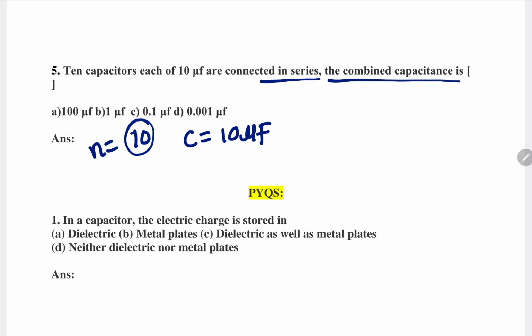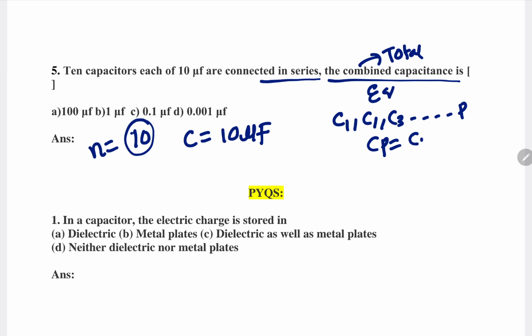Capacitors are connected in series, and we need to find the combined, total or equivalent capacitance. If C1, C2, C3 are connected in parallel, then total capacitance is C1 plus C2 plus C3. Resistors connected in parallel, we say 1 by R equivalent equals 1 by R1 plus 1 by R2 plus 1 by R3.